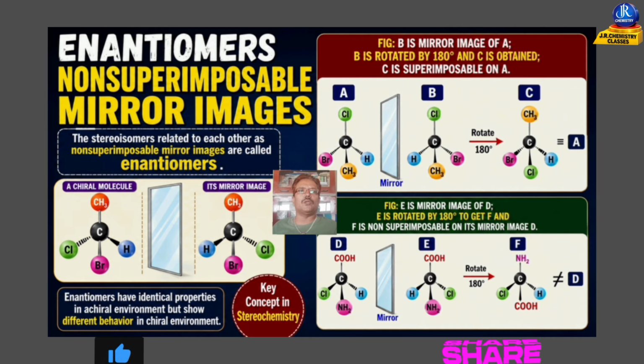C is superimposable on A. In the figure, D and E: E is the mirror image of D. E is rotated by 180 degrees to get F, and F is non-superimposable on its mirror image D. These are enantiomers.